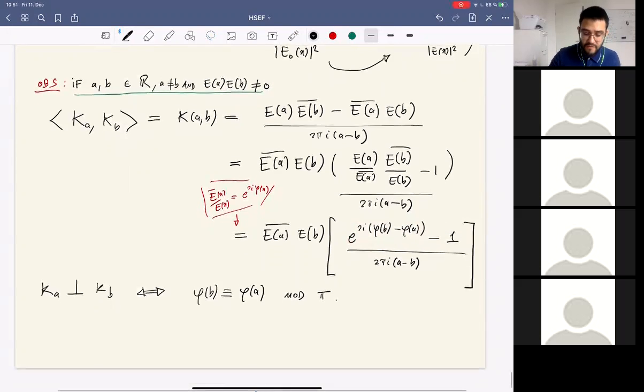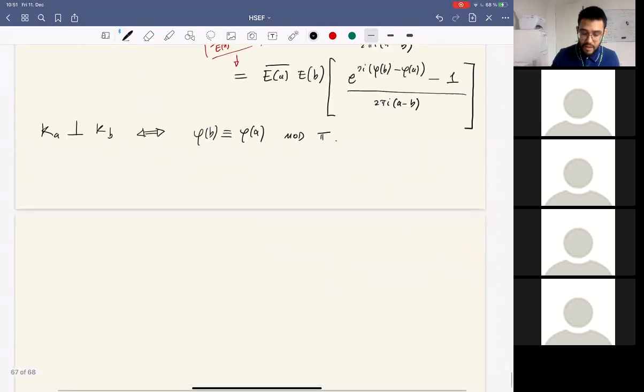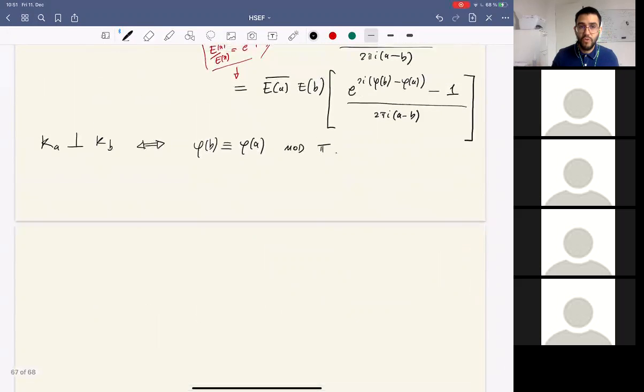So that's why the phase function is important, okay? Because if you want to take those nodes of interpolation, which would be the points we put here, and you want these functions to be orthogonal, we have to take points which are congruent mod pi.